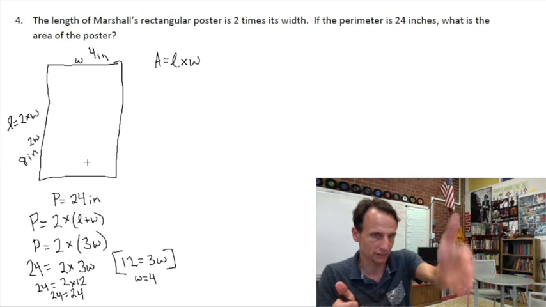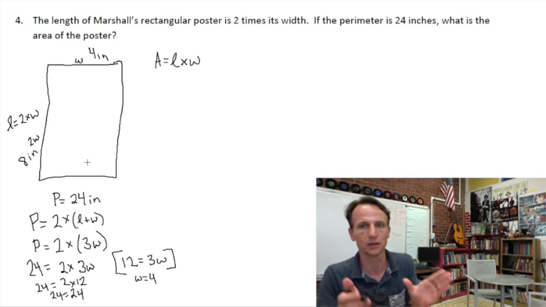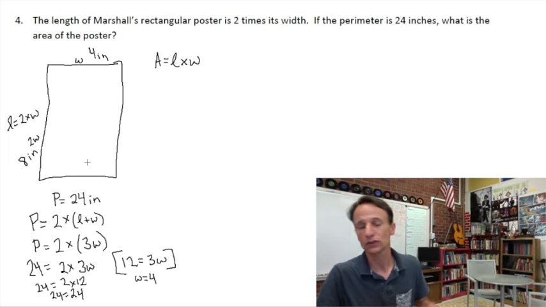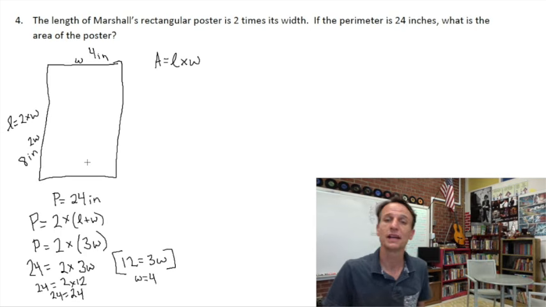And you know that the length is double it, so that places an even greater restriction on the set of numbers that could work. So if you're ever taking a test and you have a question like this and you don't know what to do, just try something. That's all.